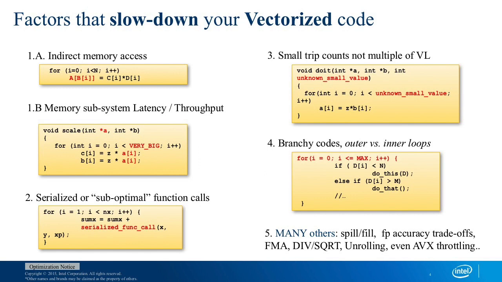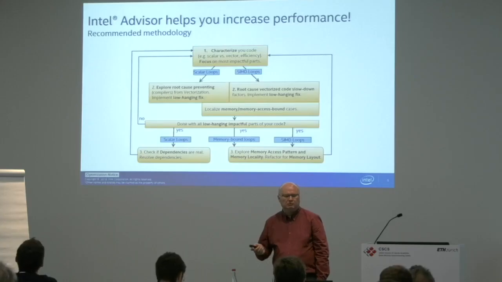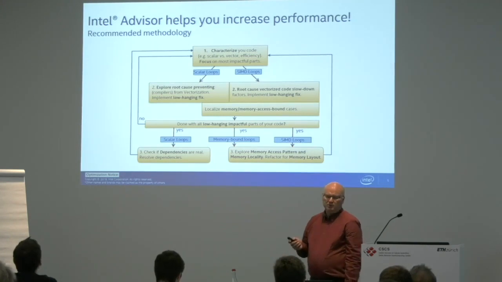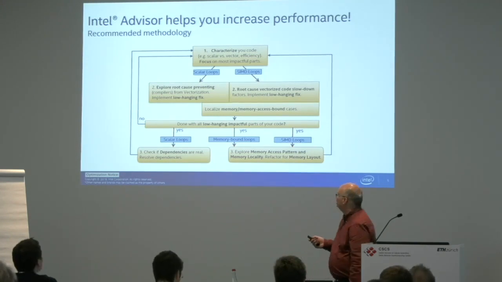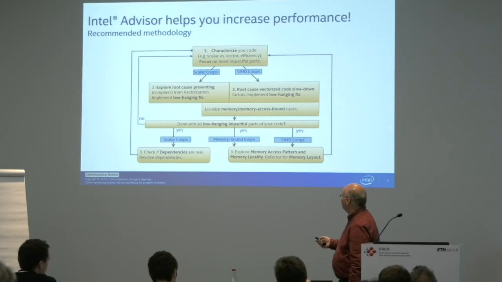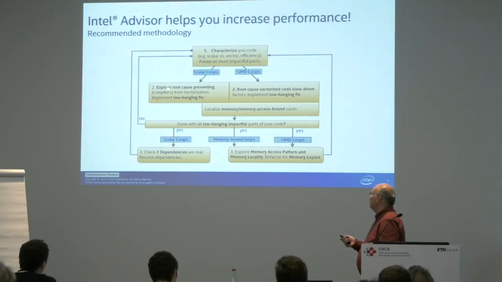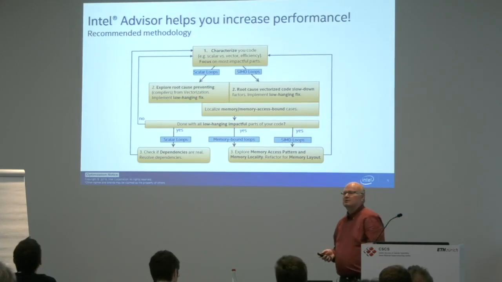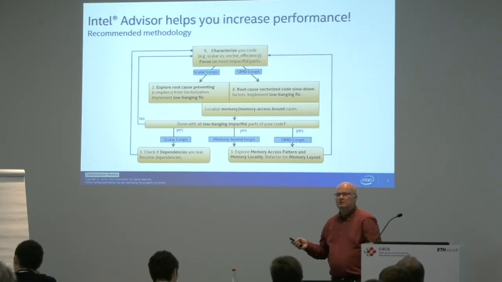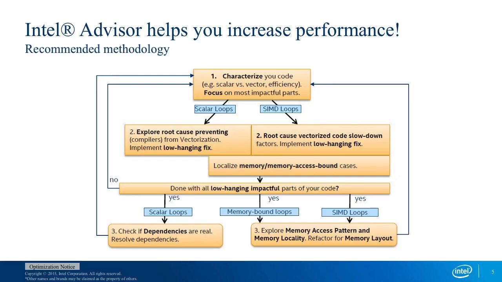So this would be a workflow. Probably don't go in detail through it. You can read it later in your copy. It starts here with a distinction between SIMD loop and scalar loop, and then for the scalar loop you should look for the so-called low-hanging fruit, that you just sort out everything that you can fix immediately without much work first.